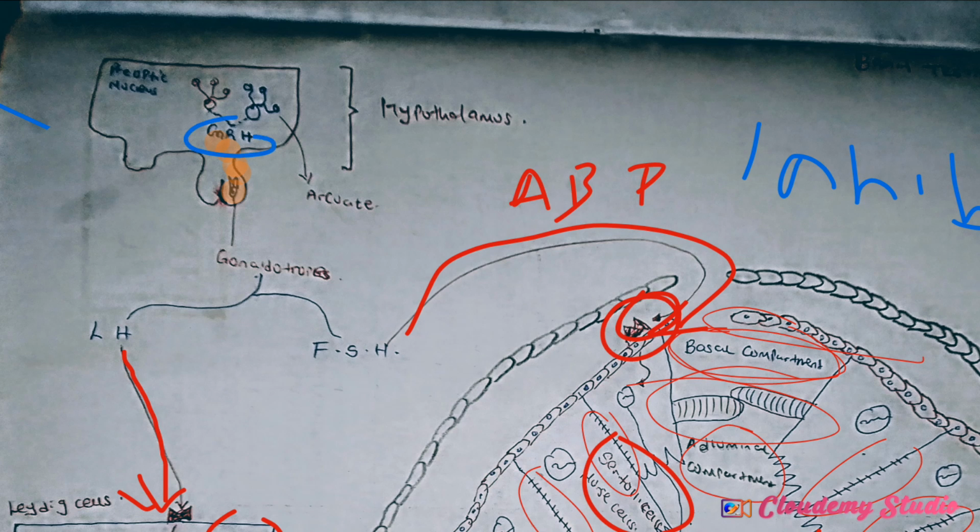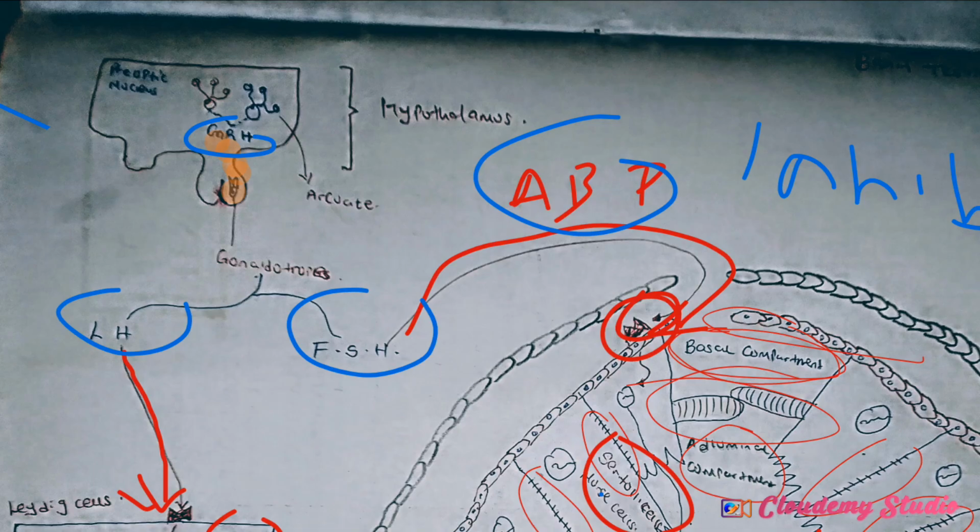Once it inhibits the production of GnRH, what happens to the follicle stimulating hormone? We are going to have less follicle stimulating hormone, less luteinizing hormone, less ABP, less testosterone, and once there is less testosterone, the sperm won't be able to survive in that environment. So there will be less production of sperm.